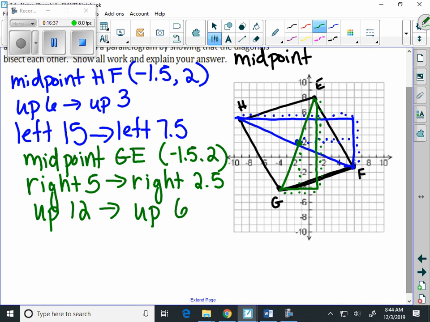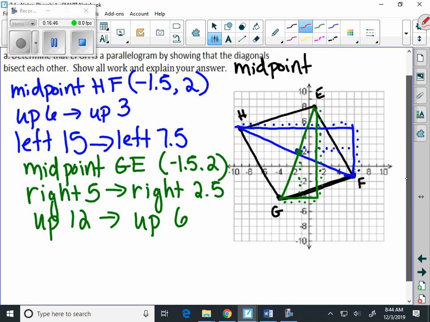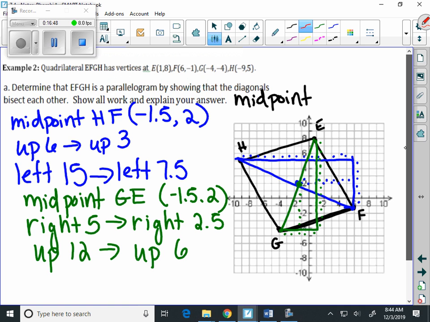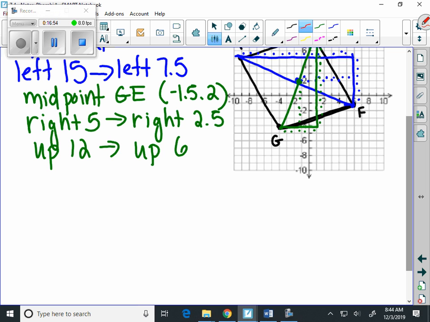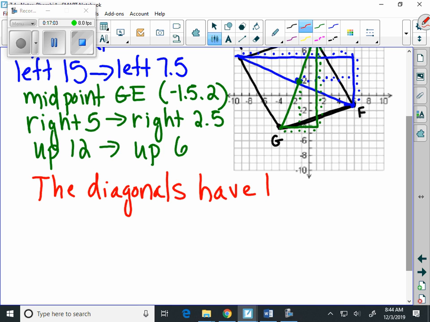And then once again, try to keep it short. The diagonals bisect each other. They're going to have the same midpoint.